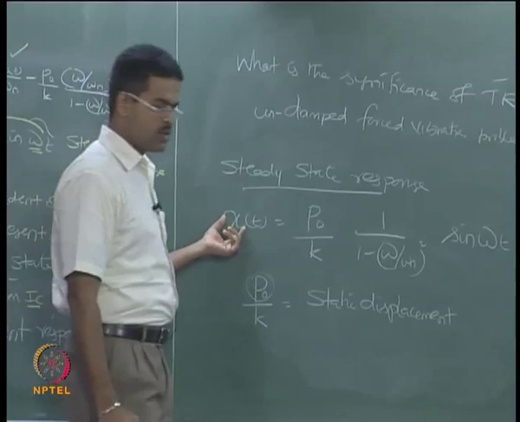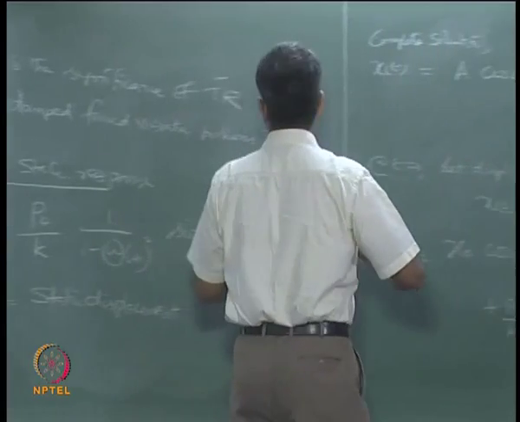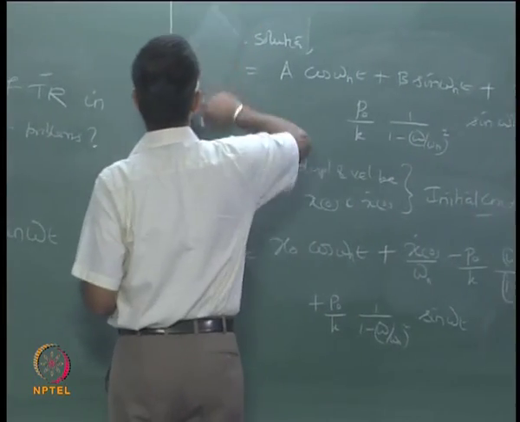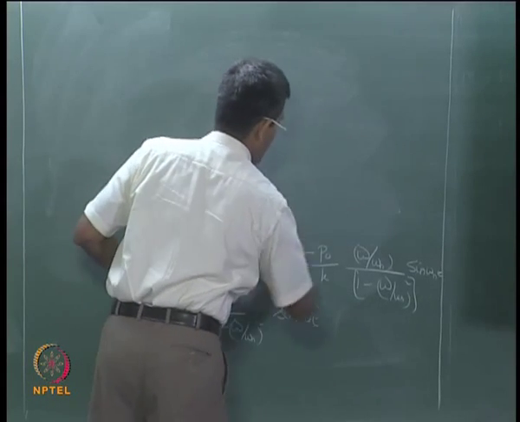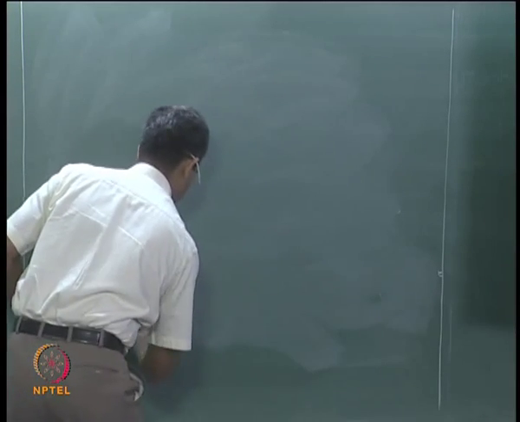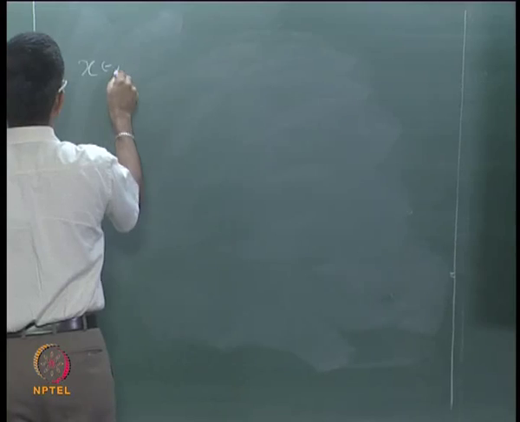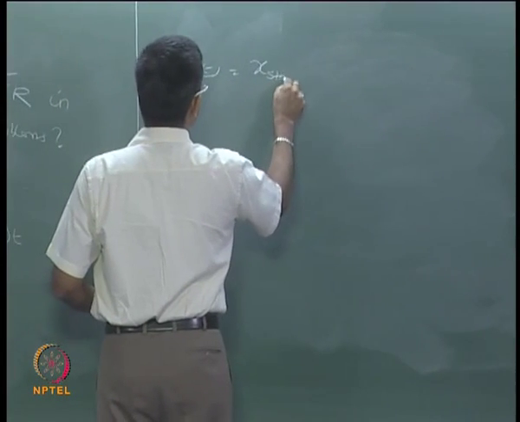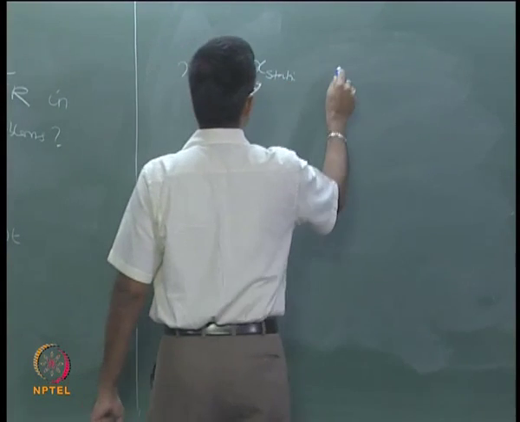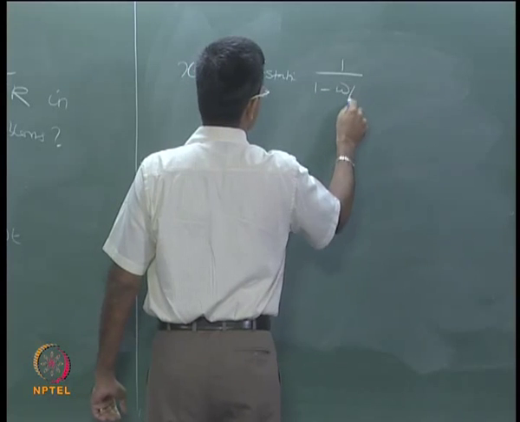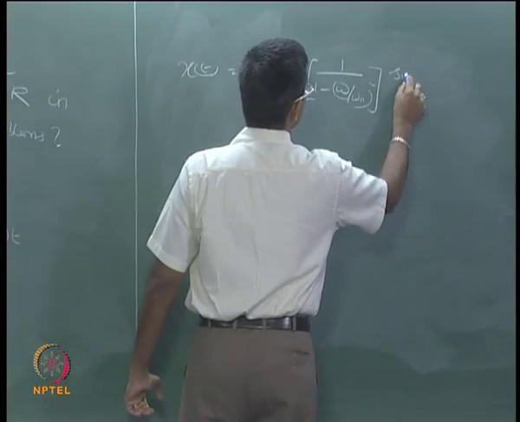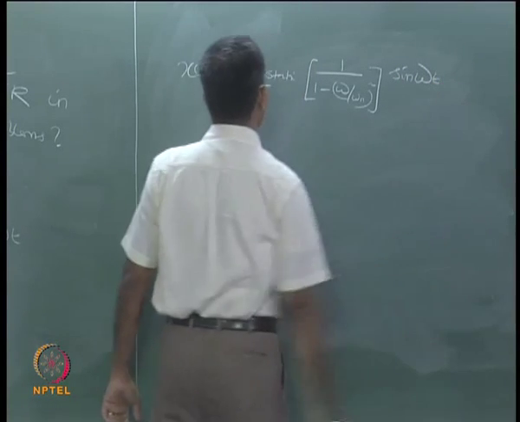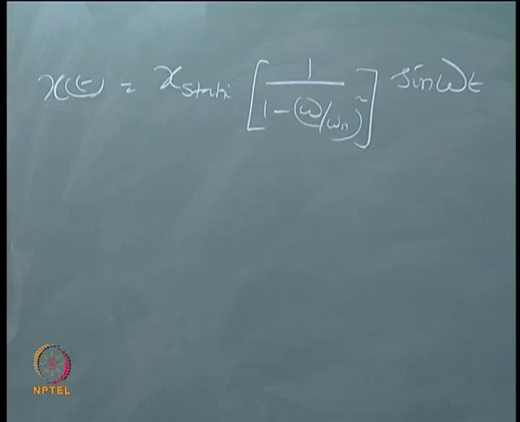So I can rewrite this equation as x of t is x static times 1 by 1 minus (omega by omega n) squared, times sin omega t.